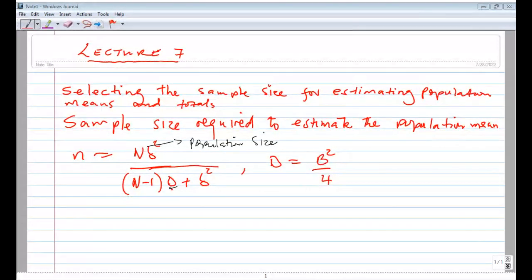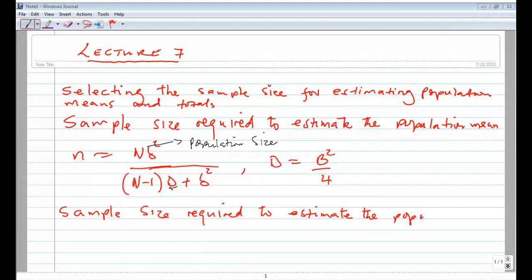Okay. So now, if you want to calculate the sample size required to estimate the population total, tau, we use exactly the same formula: n equal to capital N sigma squared over (N minus 1) times D plus sigma squared.